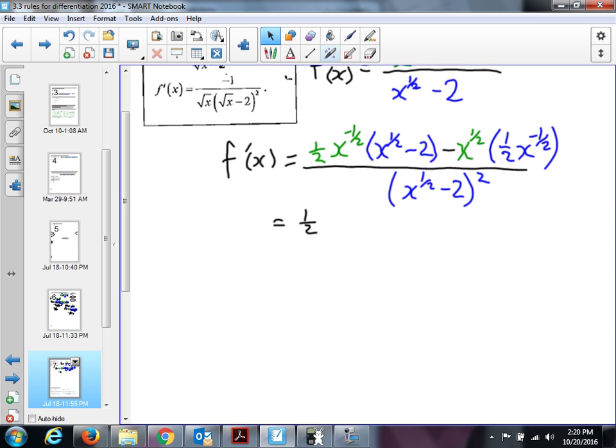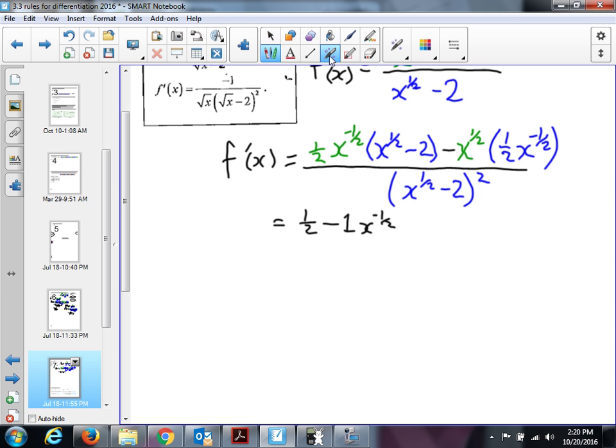Now we're distributing 1/2 x to the negative 1/2 times negative 2, or minus 2. So we've got negative 2 times 1/2, so that's minus 1. I'm not going to put the 1 there. You can't, actually. Minus 1, and then x to the negative 1/2.